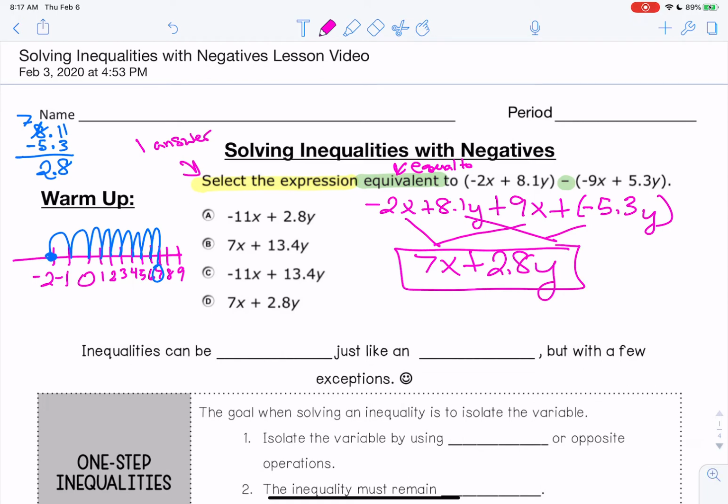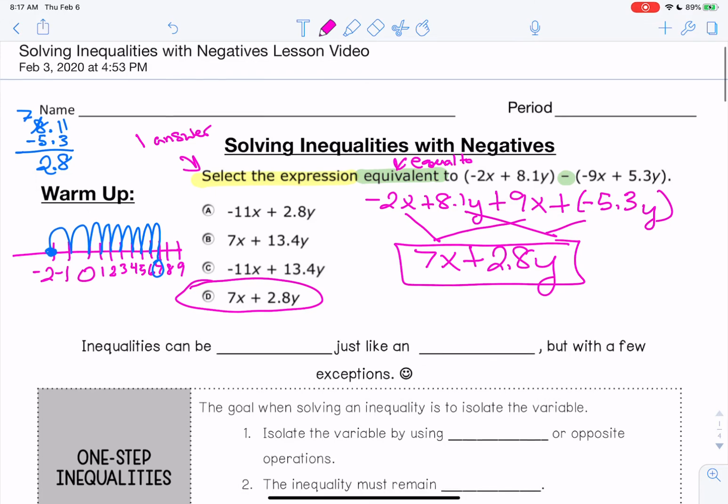Okay? So now that I've combined the like terms, I can look at A, B, and C and see which one is the correct answer, and it is D. 7x plus 2.8y. Okay? All right, moving on to today's lesson.